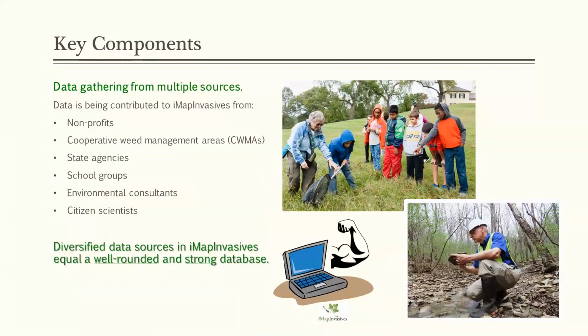We have nonprofits, cooperative weed management areas, state agencies, school groups, environmental consultants, and even citizen scientists, which are a really important group of people all contributing data to iMapInvasives. In my opinion, these diversified data sources are helping to make the database much more well-rounded and stronger, because we have these various people contributing.